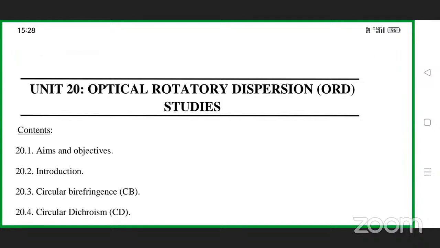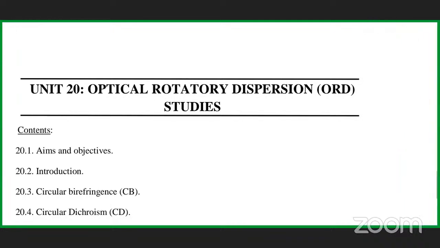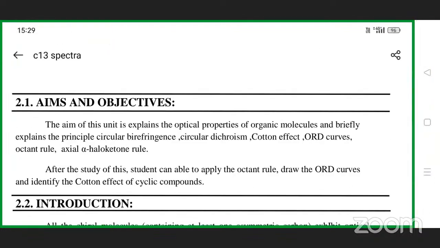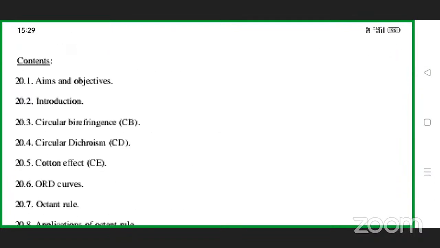Here the ORD spectra is generally used to assign the configuration and the conformation to compounds. Conformation means E/Z, and configuration means R/S configuration. So with the help of this ORD spectra, you can assign the configuration to particular compounds.